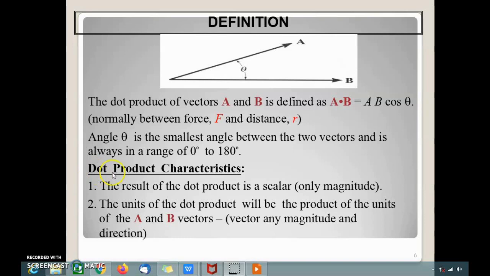This is a characteristic of the dot product. The result of the dot product is a scalar, which is only magnitude. So remember that when you perform the dot operation, your answer must be in scalar or magnitude form, not in vector form. The unit of the dot product will be the product of the units of the A and B vectors.